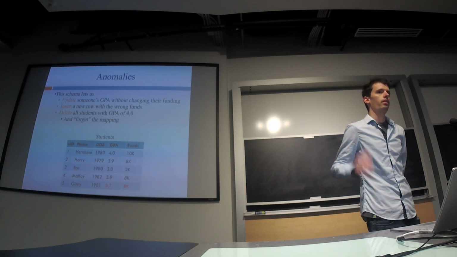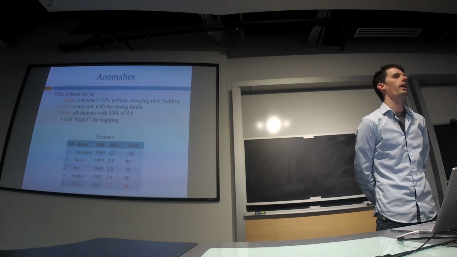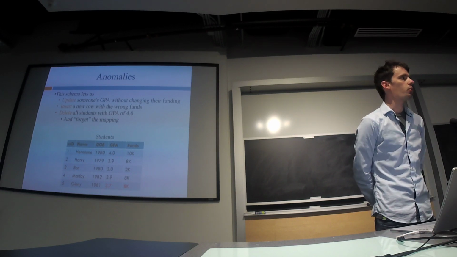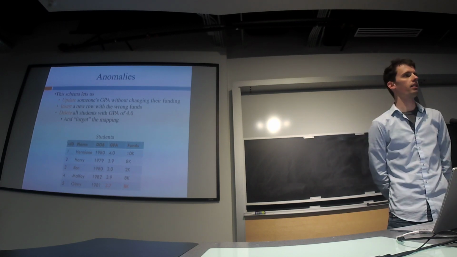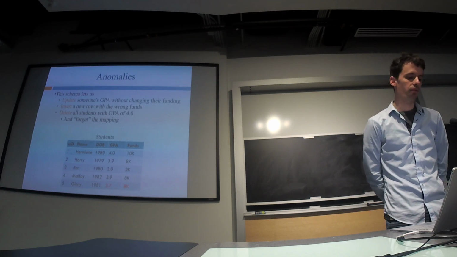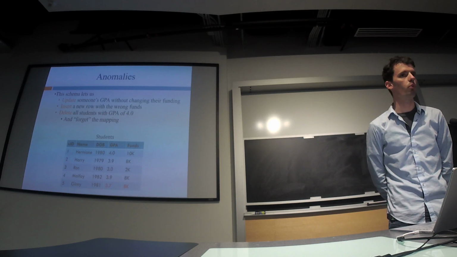So let's look at this schema. And let's say I do want that restriction, that functional dependency. If this was my table, then this allows for those three anomalies I talked about. The table itself is not preventing me from just going in and changing someone's GPA without also changing their funding.